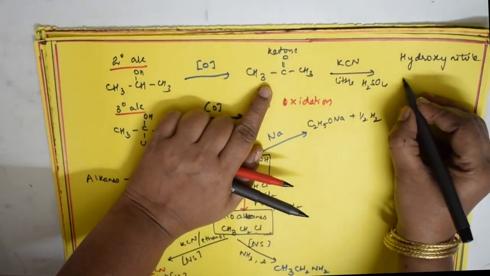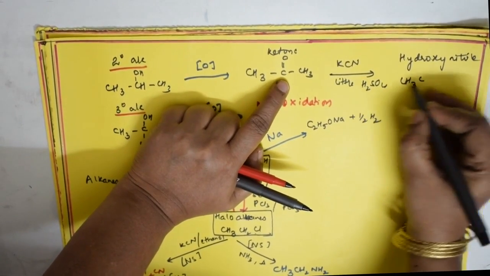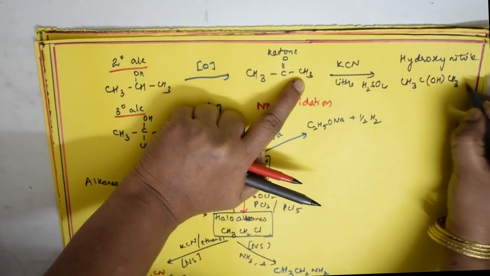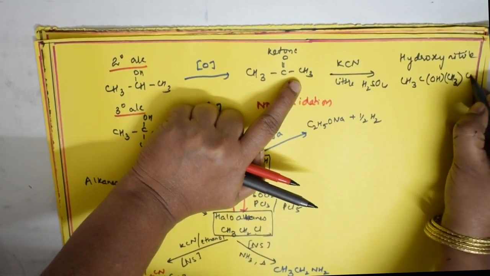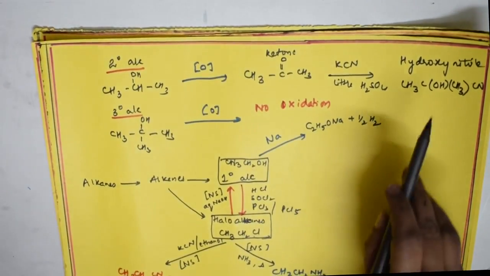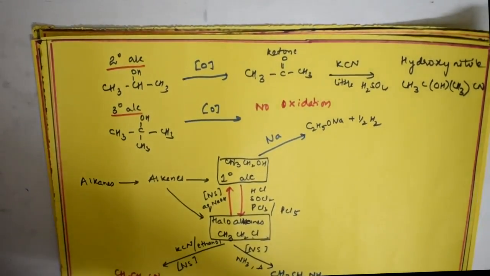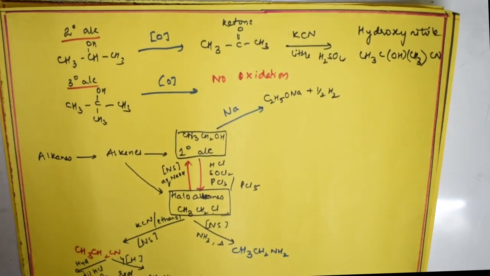Just see here, same thing I'm writing, CH3. This carbon is here because this is adding OH, this CH3 is here and your CN. So OH, CH3, CN. What is the name of this compound? Hydroxynitrile. So ketones are further converted into hydroxynitriles. This is fine. This is clear.